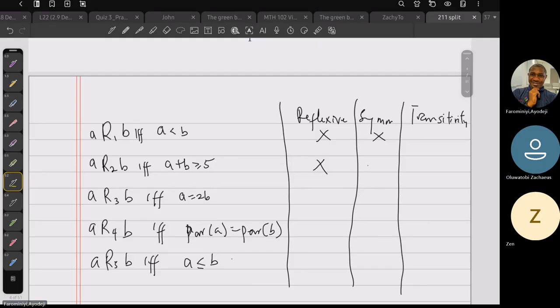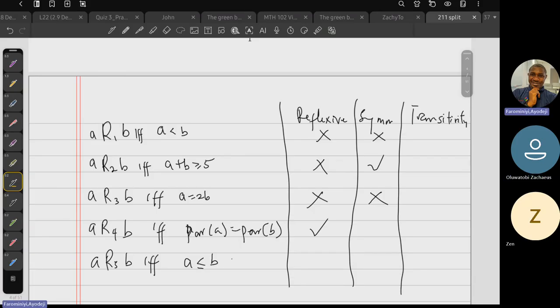A R3 B, is it reflexive? It is not reflexive because A is not equal to 2A. Is it symmetric? No, it is not symmetric. R4, is it reflexive? It is reflexive because the parity of A is equal to the parity of A. Is it symmetric?